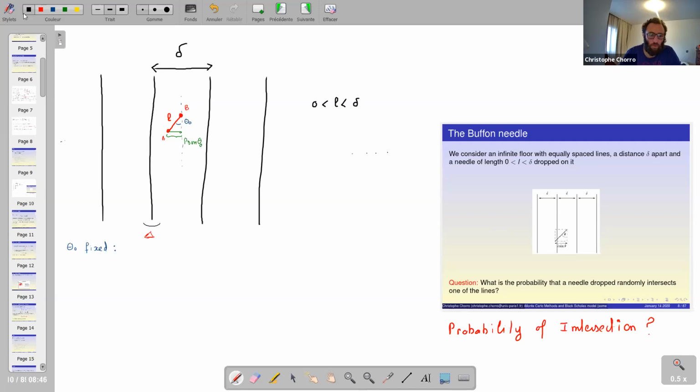So what can I say? I say that the needle intersects delta if the distance between the point A and the line delta is less than what? Is less than L sine theta 0.